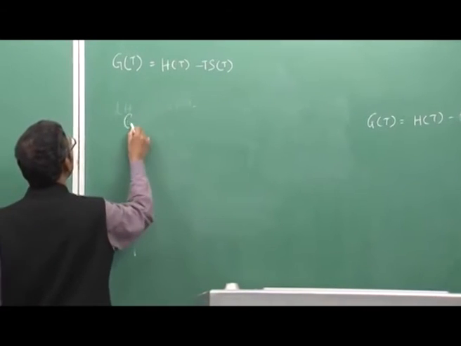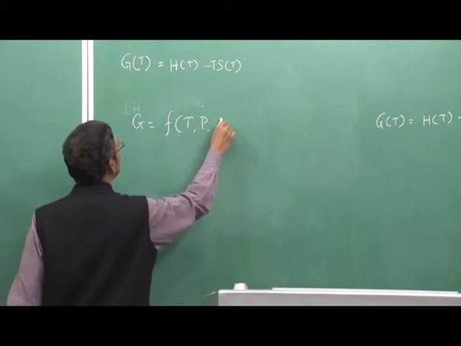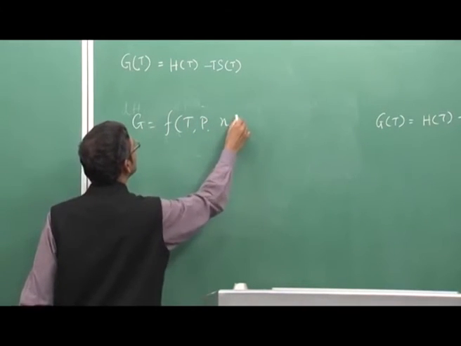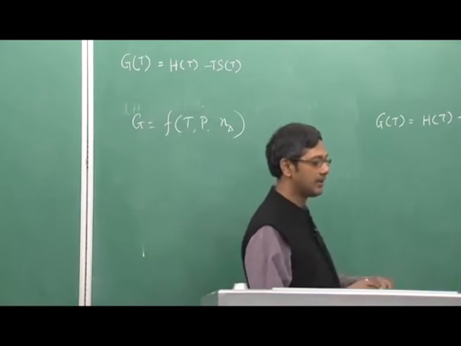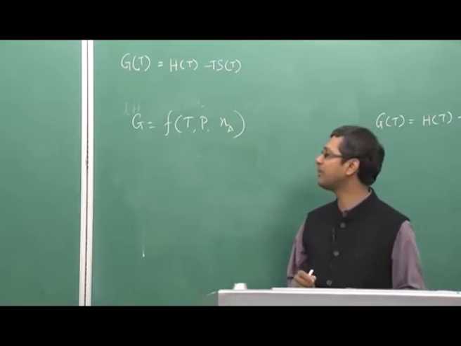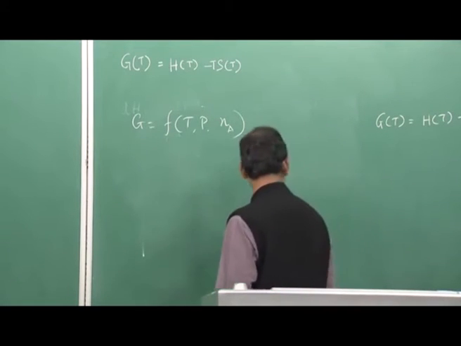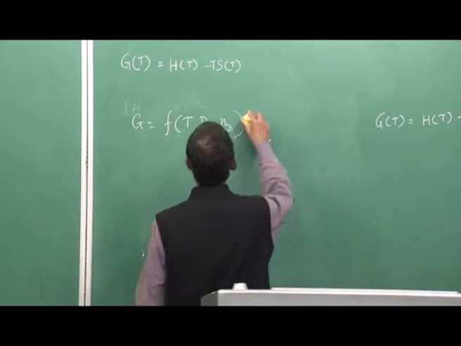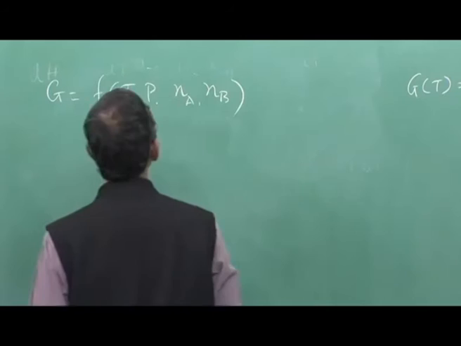So G will be a function of temperature, pressure and composition of the element. That is what will happen if we consider the free energy of any system consisting of more than one element, and let us suppose there are 2 elements. So therefore there will be 2 composition variables.